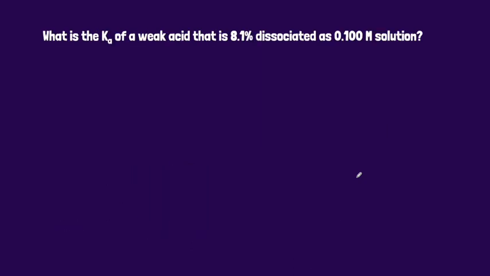Now let's look at something similar, only the information for the equation is a little different. What is the Ka of a weak acid? This time we don't know our Ka, but we have our percent dissociation and we have our molarity. So here is my equation with all of my species in there.